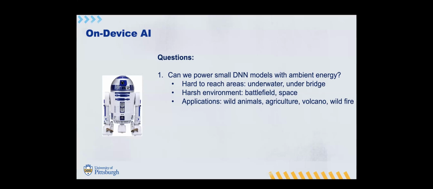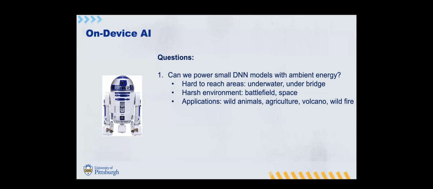And this question is important because there are a lot of applications that need this kind of working environment. For example, in hard to reach areas, on the water, under the bridge, in harsher environments, for example, in the battlefield, in space, and used for wild animal monitoring, agriculture monitoring, volcano and wildfire monitoring.